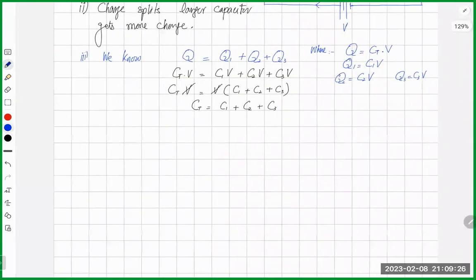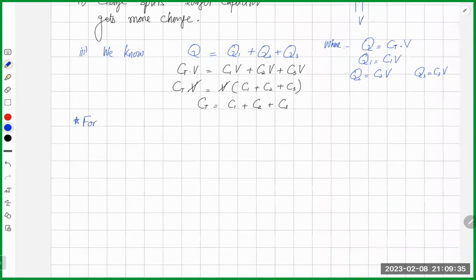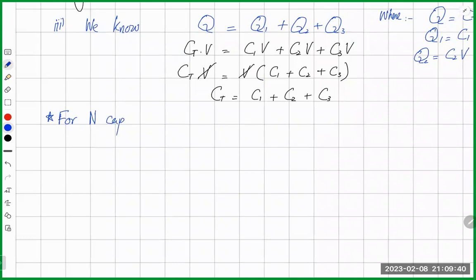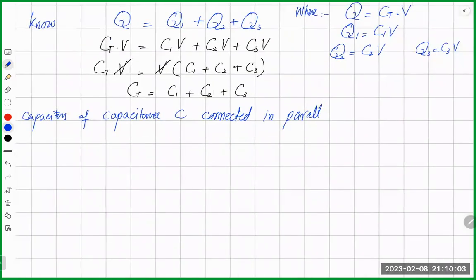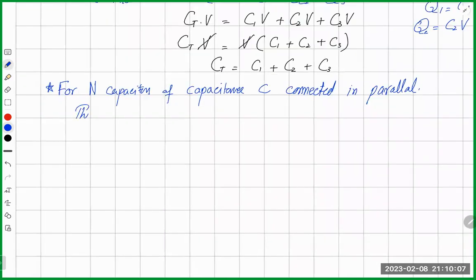Now, n capacitors of capacitance C connected in parallel, their total effective capacitance CT will be simply CT equals C plus C plus C, and so on.